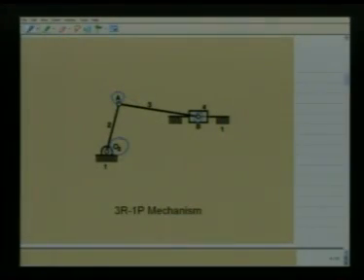Such a mechanism has three kinematic dimensions, namely O2A, which is called the crank length, say represented by L2, AB, which is called the connecting rod, whose length is represented by say L3, and the line of reciprocation of B is at a distance from O2, and this perpendicular distance is called the offset.